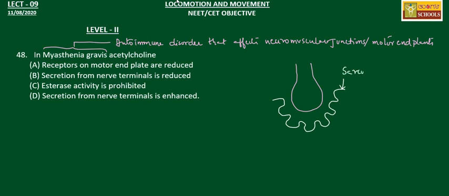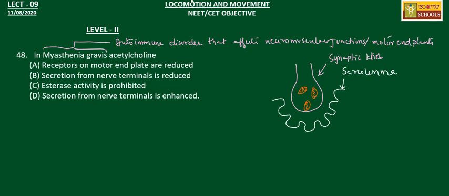So this is the sarcolemma, and this is the synaptic knob, and inside this you will find vesicles and many mitochondria.